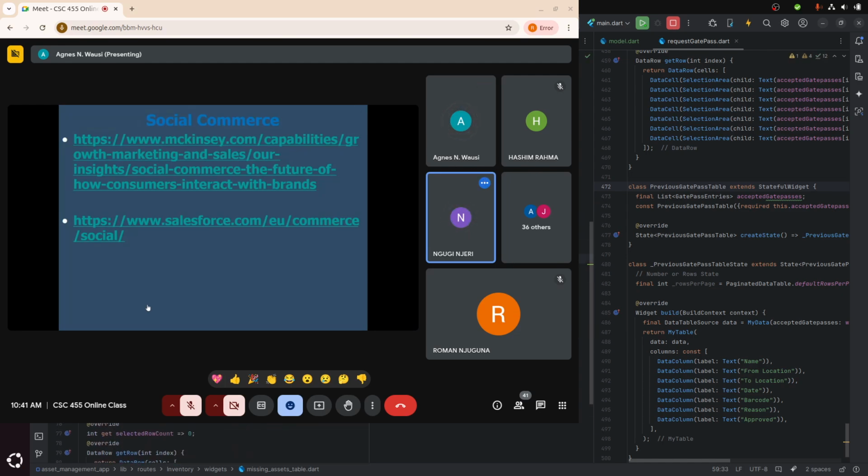Yeah. That's one way, and if you read the second article, you'll see how a lot of it is being embedded in social media, and it is an emerging space. You can read a little more about social commerce; it is seen as the next frontier in marketing and advertisements.